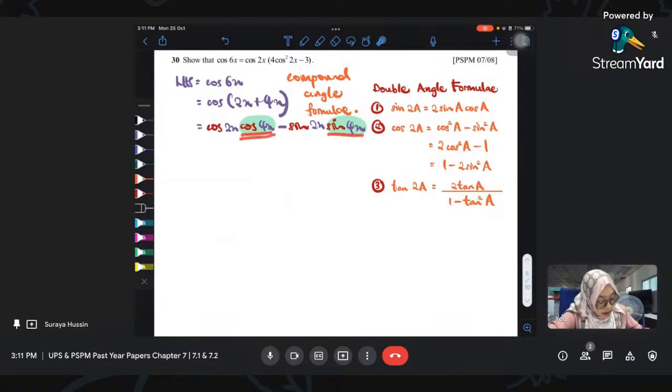but I use my compound angle untuk tukarkan dia menjadi cos 2x bracket minus sine 2x bracket. Okay, so dekat sini cos 2 times 2x.